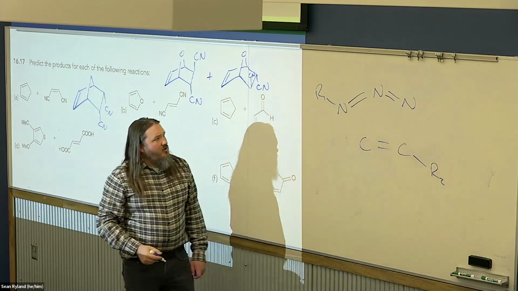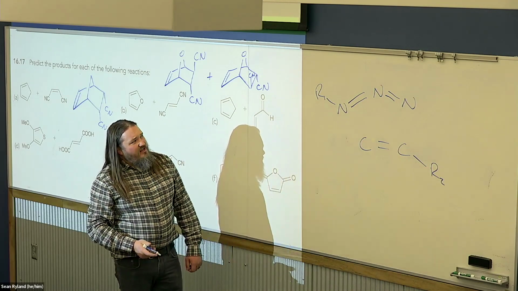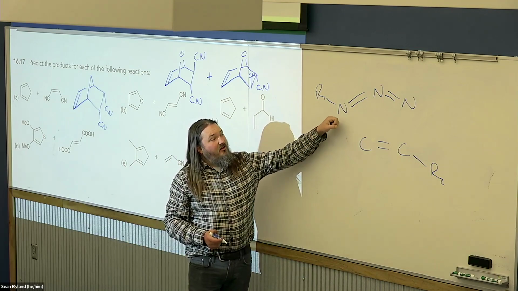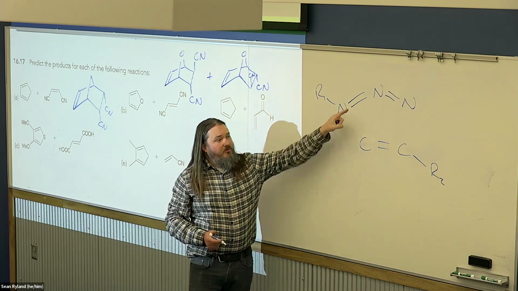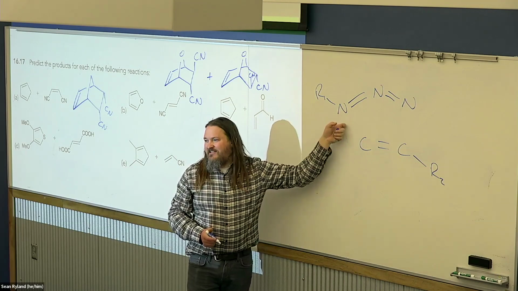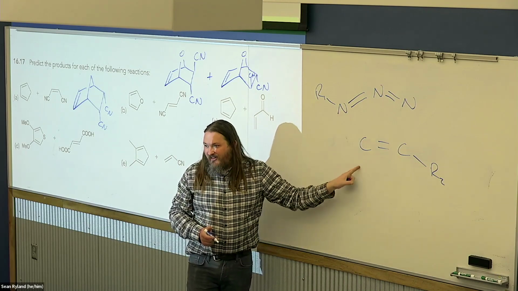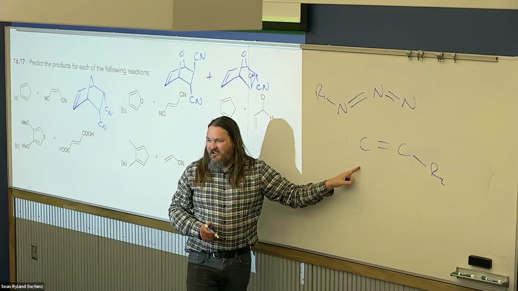That click reaction. But even this still relies on the fact that all three of these are nitrogens, which means they're all relatively equal in electronegativity. And these two are carbons, which means they're relatively close in electronegativity.